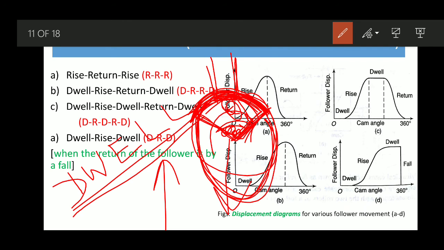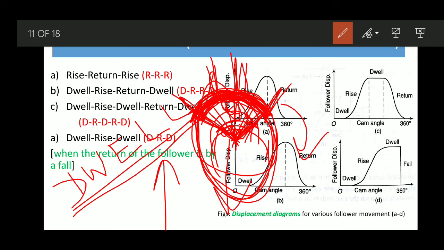If the cam is rotating in this direction, from this point to this point, whenever there is contact of the follower with this portion, even though the cam is rotating, as this is a constant radius, there is no change in the distance for this particular point, so the follower will remain here. After that, depending on which portion is coming in contact, it may so happen that this will be like this.